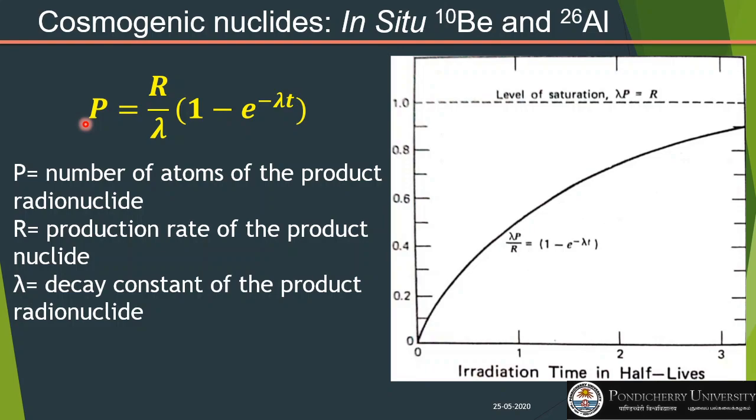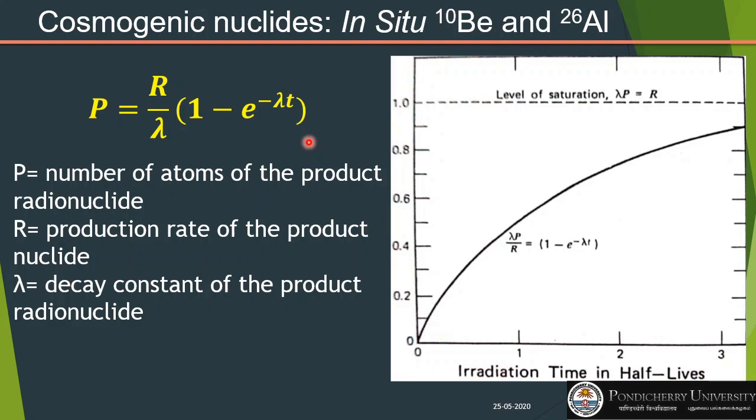Basically these particle accelerators are used for mass spectrometry applications, and that helps people to measure even very small quantities of cosmogenic nuclides, and that has given rise to so many interesting applications, some of which we will see shortly.